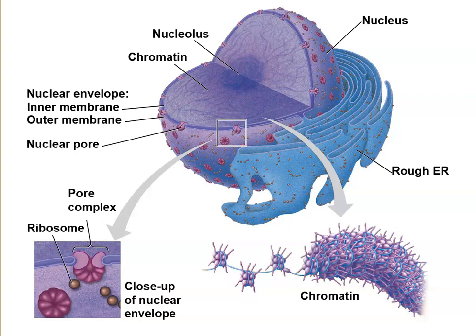And these pores are going to allow messenger RNA to leave the nucleus, holding on itself parts of the genetic code that are going to actually encode for proteins. Now, those proteins are going to be synthesized either on the ribosomes of the rough ER or in ribosomes that are freely floating in the cytosol.